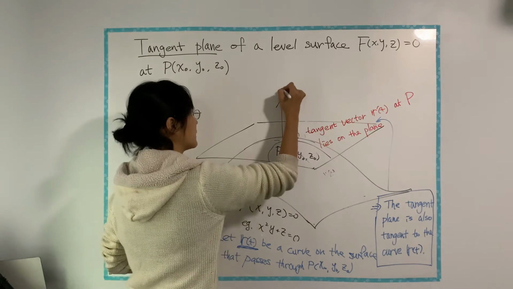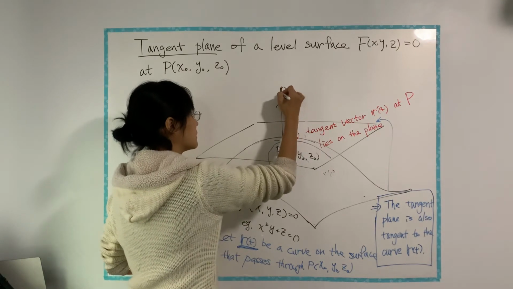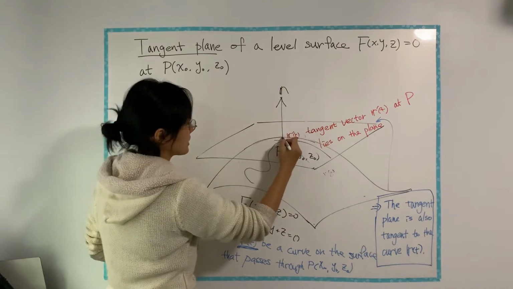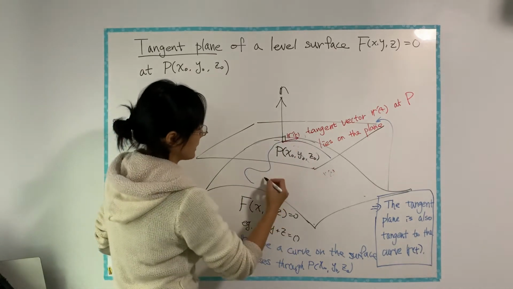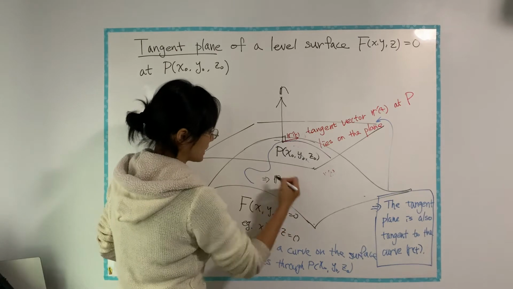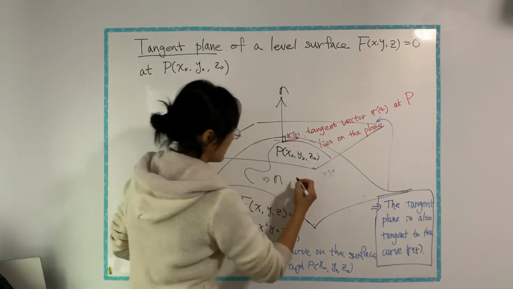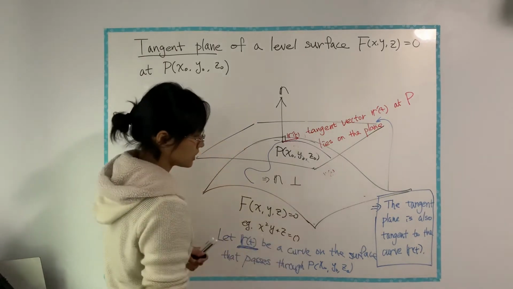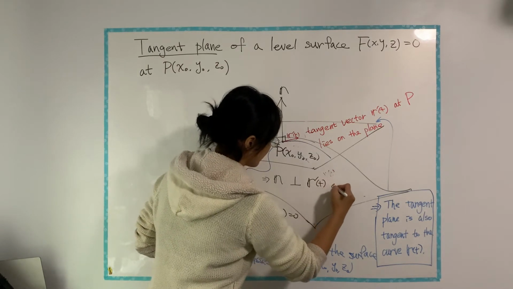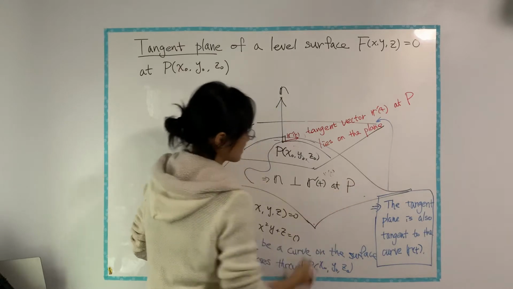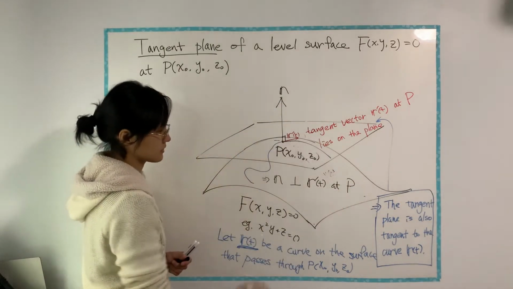Suppose I have a normal vector. Normal vector meaning it's the normal that is perpendicular to the plane. Then I will know that the normal vector is always perpendicular to R prime at P. Okay?